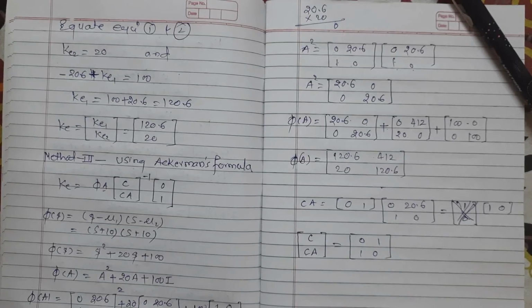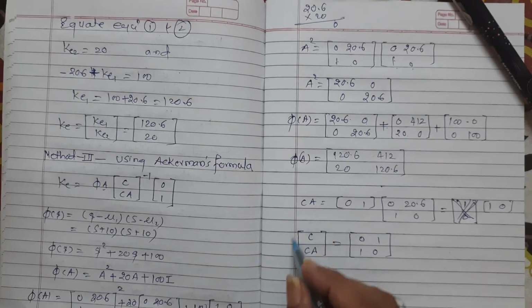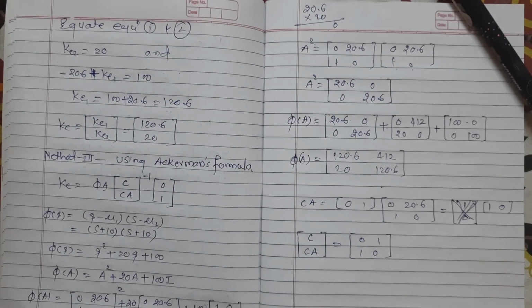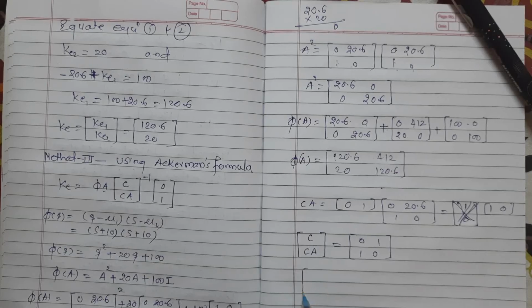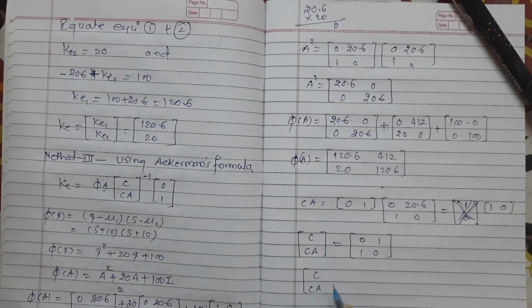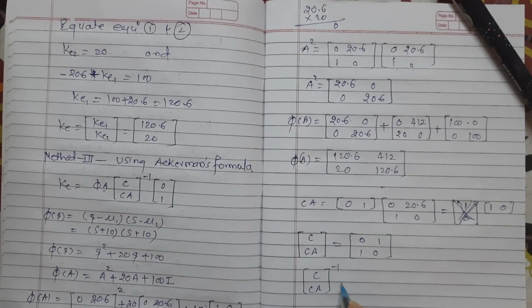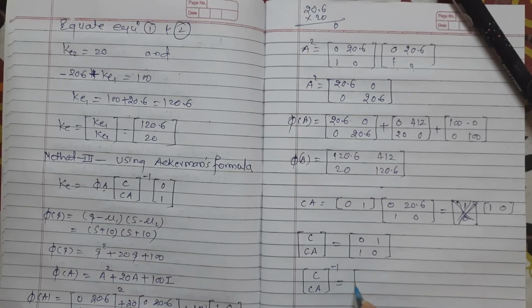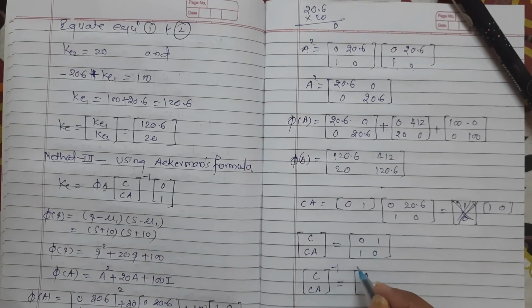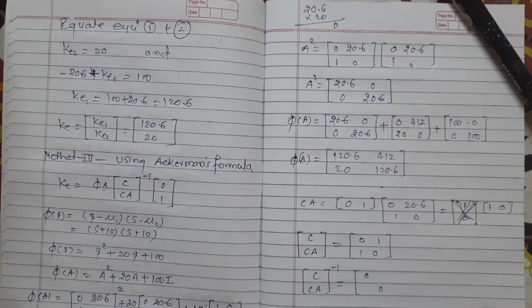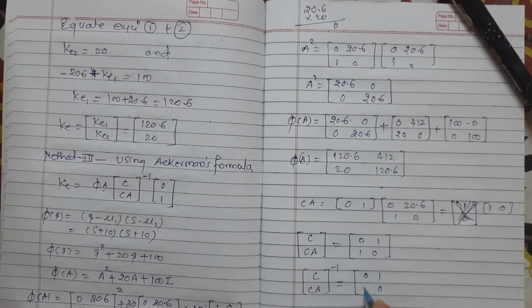So the inverse of this matrix, C and CA inverse: we have to interchange the position of this one, so this becomes 0, 0, and the determinant of this one is -1, so again it is 1, 1.